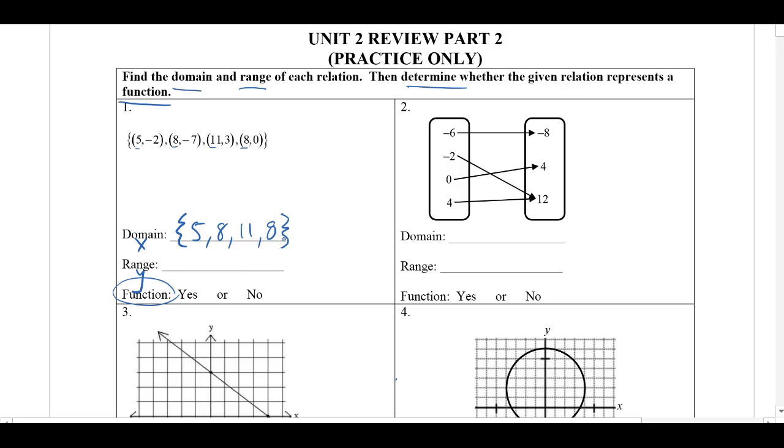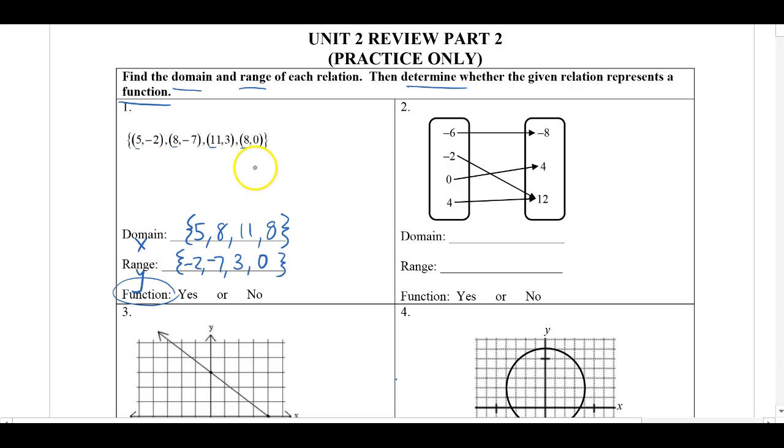And then I need to start with a bracket and end with a bracket. Okay, and I'm going to do the same thing for the range, but this time I'm going to take all the y values. So -2, -7, comma between each number, 3, comma, 0.